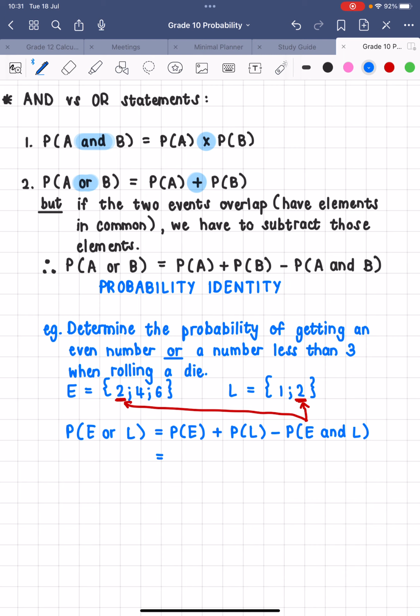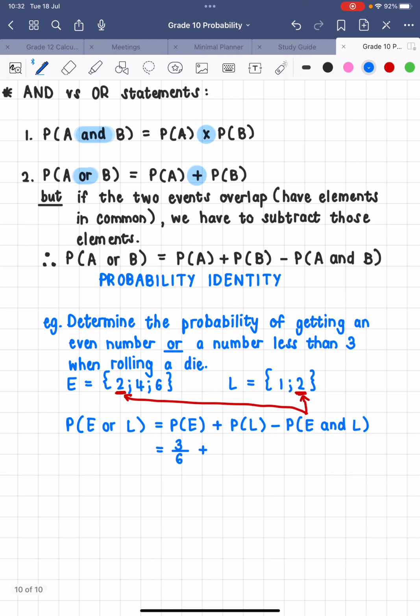What is the probability of E? How many outcomes are in E? How many numbers? 3. So we're going to say 3 over 6. The probability of the die landing on an even number is 3 over 6. Plus, what is the probability of the die landing on a number that is less than 3? 2 over 6. But now, because there was one number in common, we need to subtract that number.